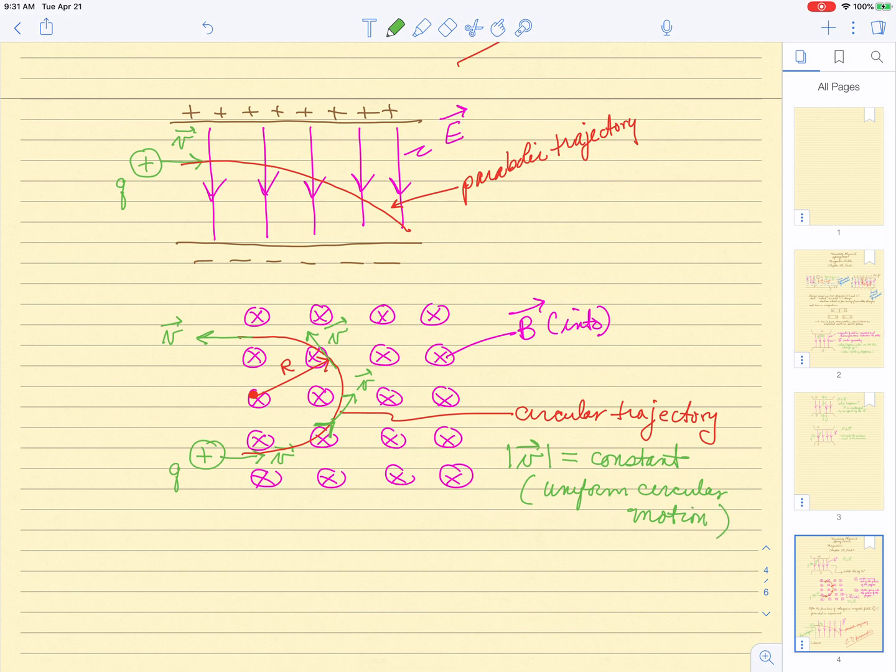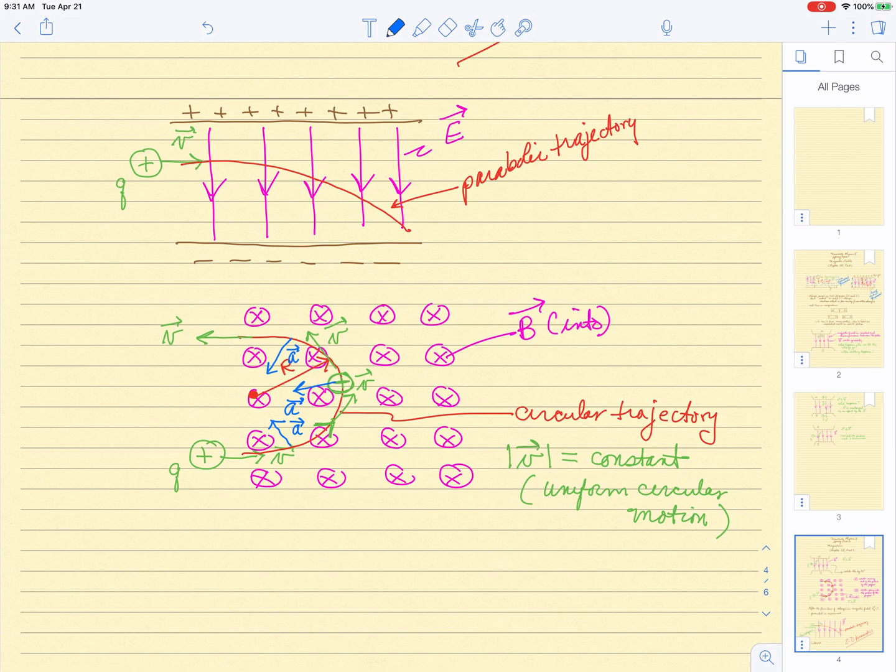And that's going to imply that as this charged entity moves around this circular path, it's going to experience a center-seeking acceleration. So all around this circular path is going to be a center-seeking or radial or centripetal acceleration.